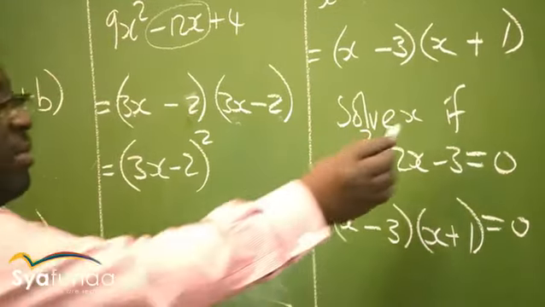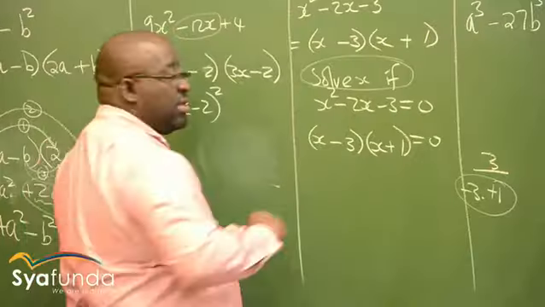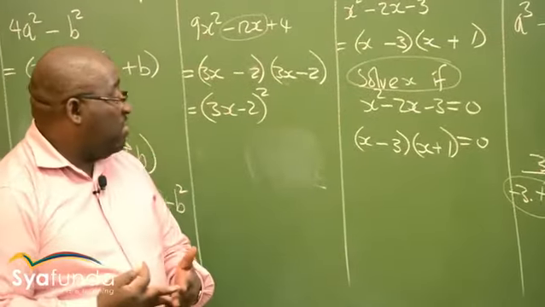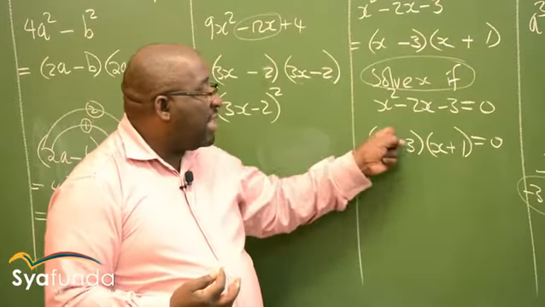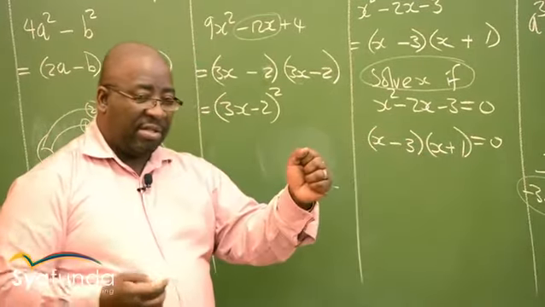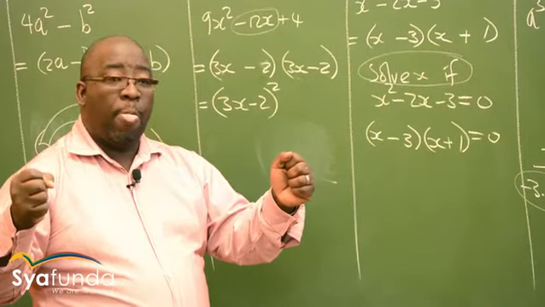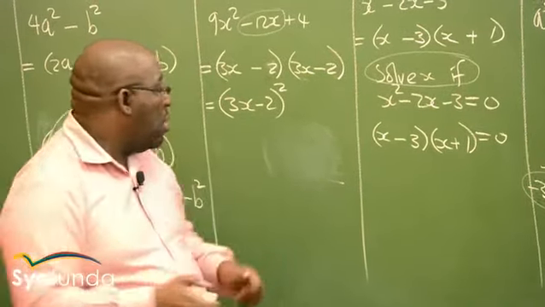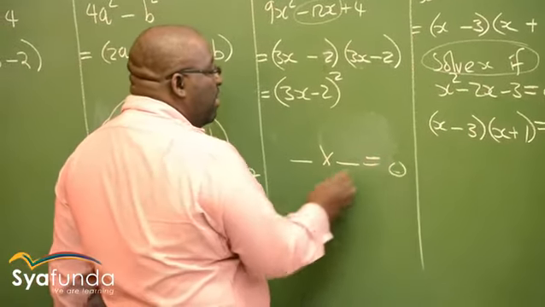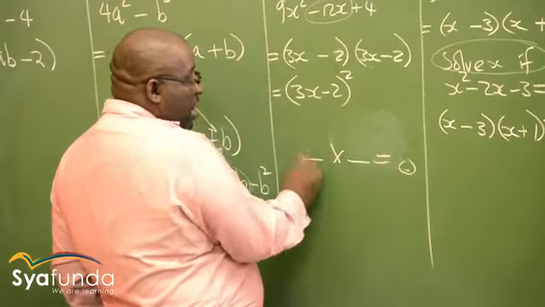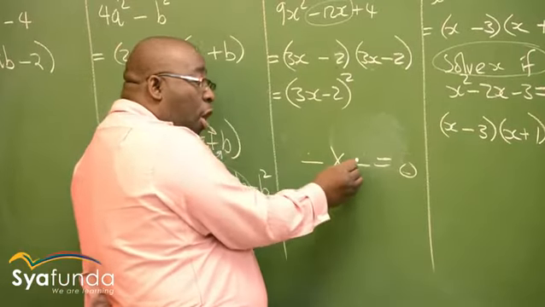Remember, in this case I'm solving for x. How do I find my x value? I'm multiplying 2 numbers, and I'm getting 0. This number times this number is 0. So one of these numbers must be 0. Whenever I'm multiplying a number times another number and it equals 0, it means one of these numbers must be 0. It might be this one, or that one.